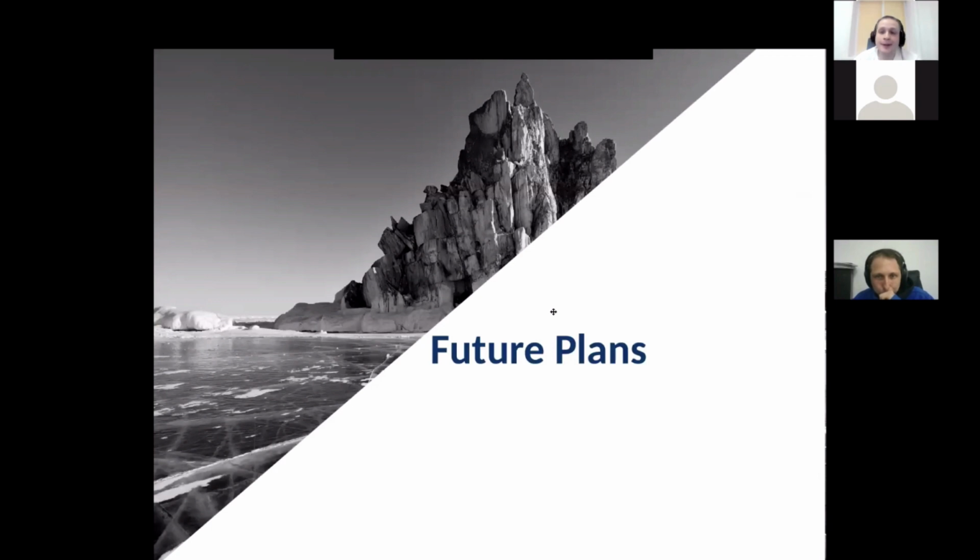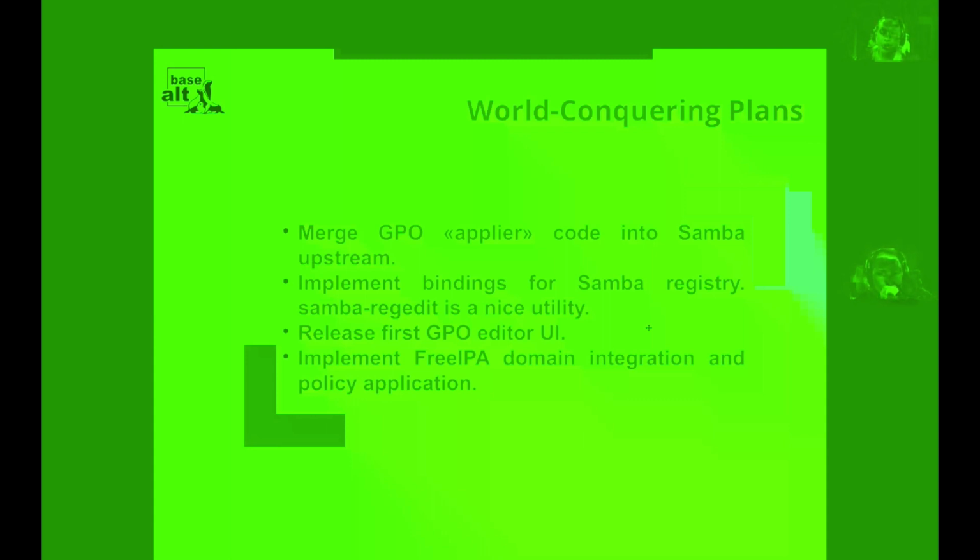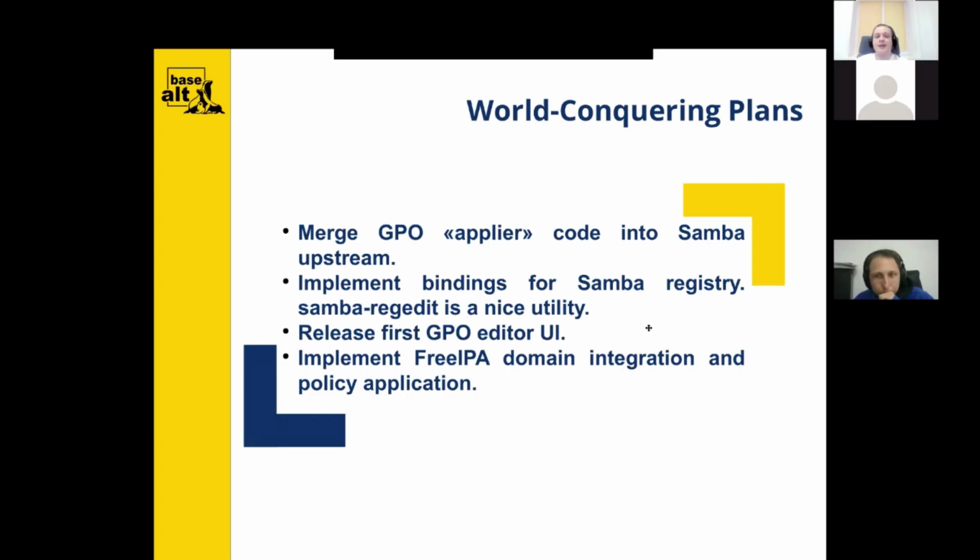So that's all about our projects, and our future plans are merging our GPOA project into the Samba code base, into Samba upstream. During the merging of our code base, we decided to implement Python bindings for Samba registry.